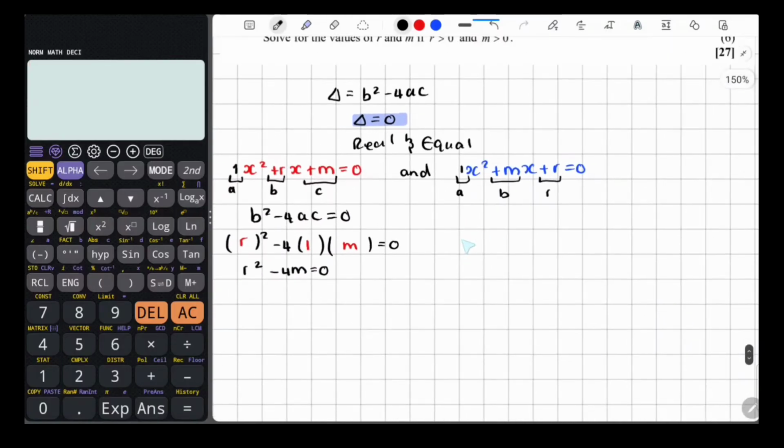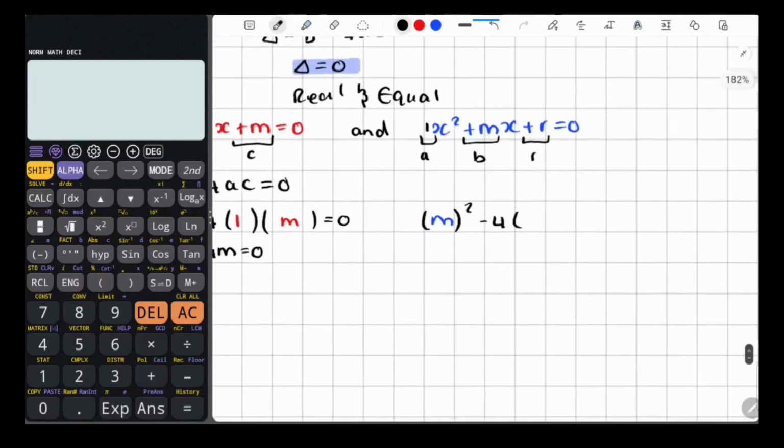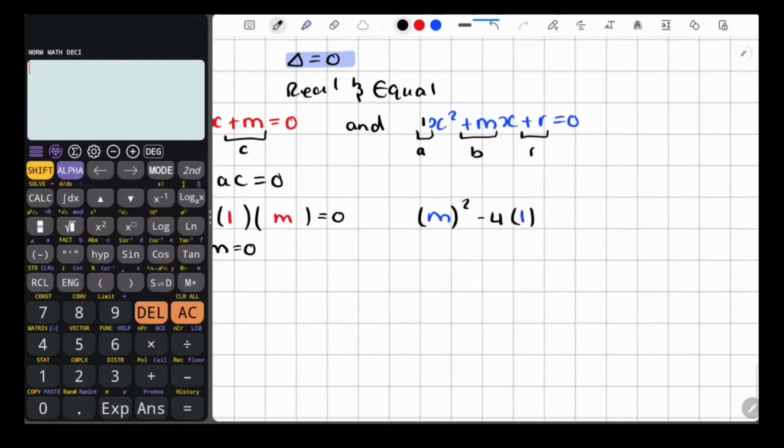Putting delta into this, we're saying m all squared, then minus 4, and a is 1, and of course c is just the r, and delta needs to be equal to 0. So here we just have m squared minus 4r is equal to 0.